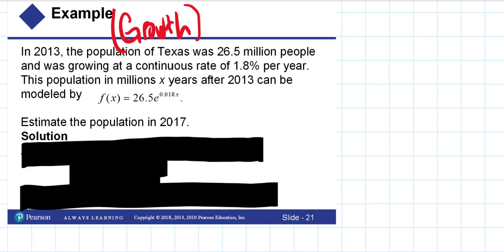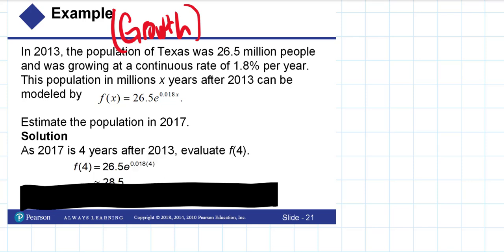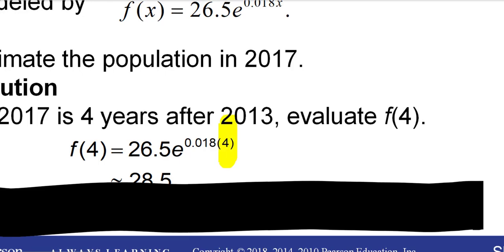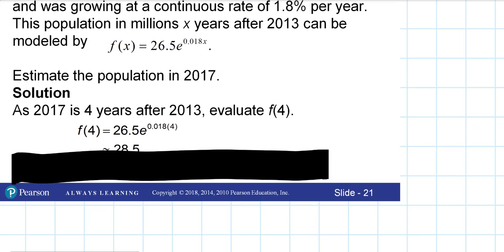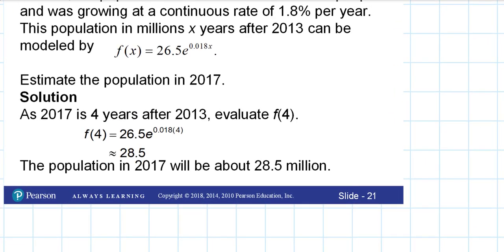Okay, so this says estimate the population in 2017. Okay, 2017 is 4 years after 2013, so you plug in 4. So you see they plugged in a 4 here. And you do the calculations.